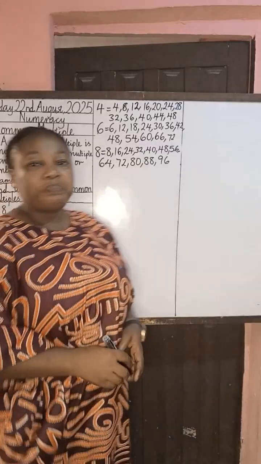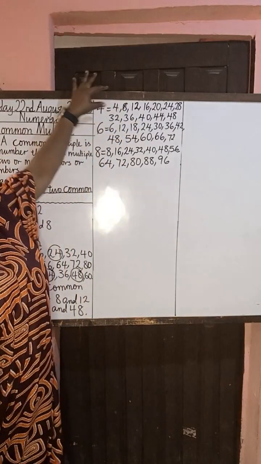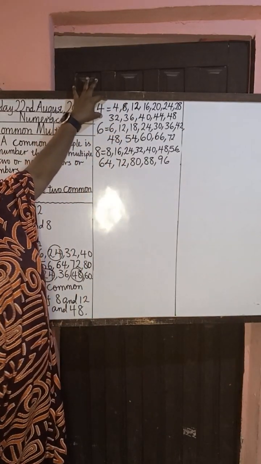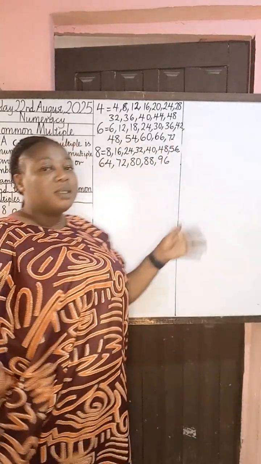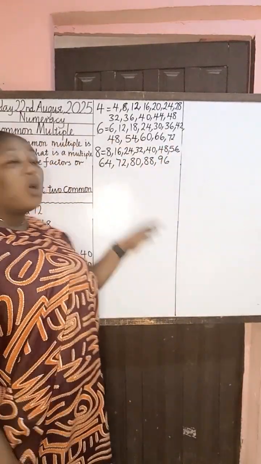So I multiplied 4 from 1 to 12. The same thing is applicable to 6 times 1 to 12, and 8 times 1 to 12.